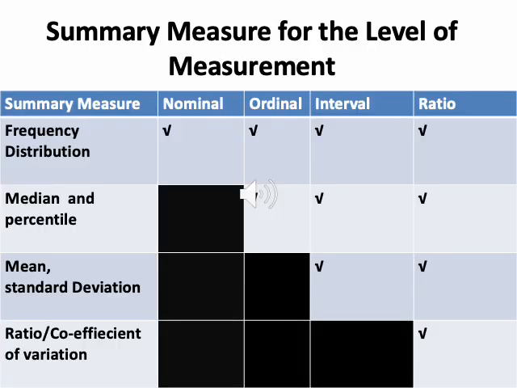This is a very interesting slide. Now we understand that from nominal to ratio, the complexity of the variable increases. There are different types of summary measures available, like frequency distributions, median and percentile, mean and standard deviation, and coefficient of variation.